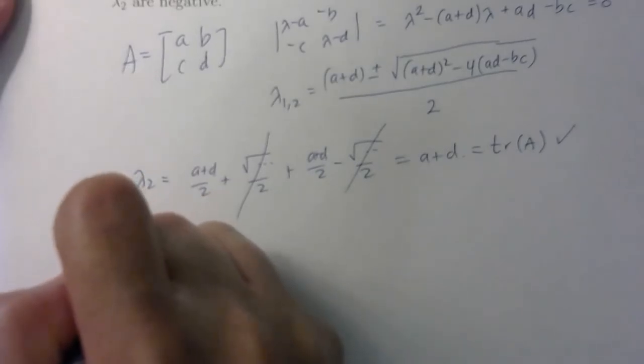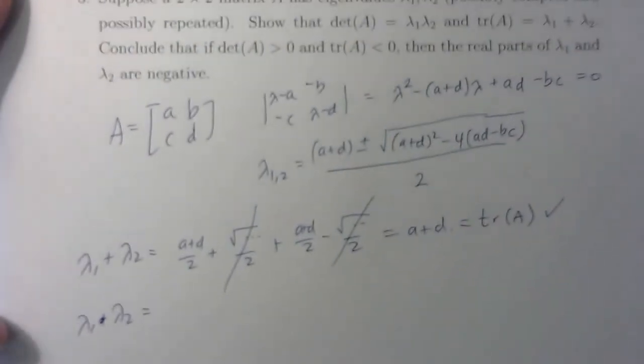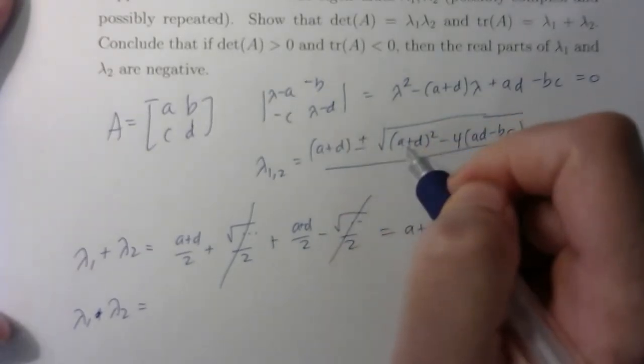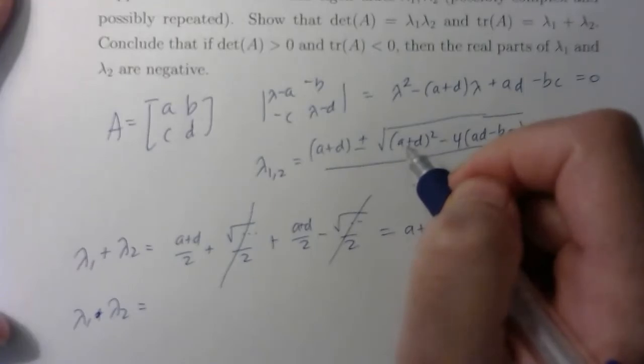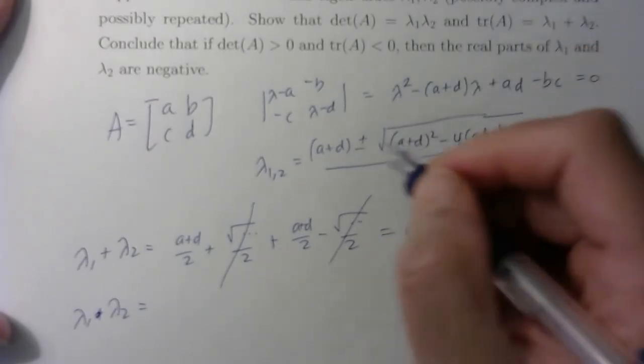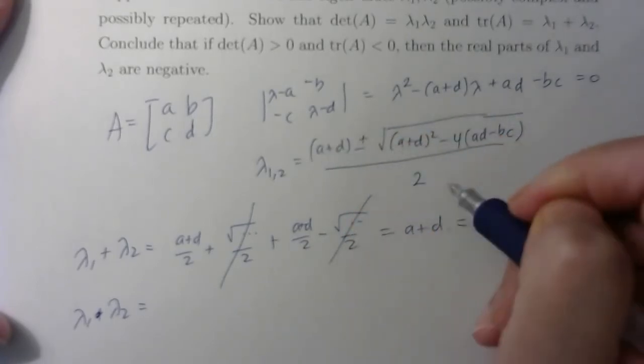Second fact, what's the product? Lambda 1 times lambda 2. What's that going to look like? Let's think of this in shorthand: this chunk squared minus this chunk squared.